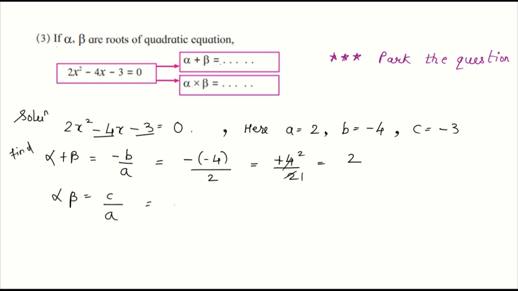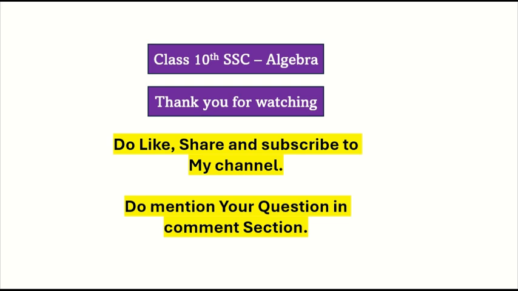It is minus 3 upon 2, as a is 2. So here we got the values: alpha plus beta is 2 and alpha into beta is minus 3 upon 2. So here I will write the value of alpha plus beta is 2 and alpha into beta is minus 3 upon 2. So here we end with our practice set 2.5 for class 10 SSC board algebra.